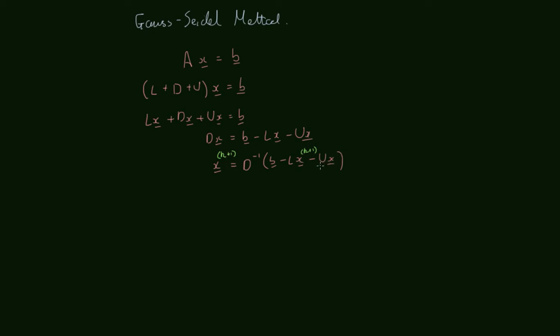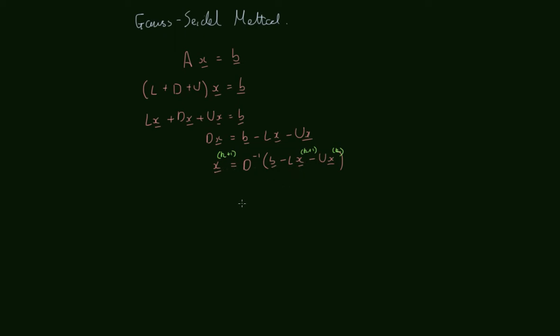For U times x, U is the upper triangular elements of A, so I've yet to calculate these for the new iteration and I just use the current values of x. This is the difference between the Jacobi and Gauss-Seidel methods: we're using our estimates of x as soon as we've calculated them.